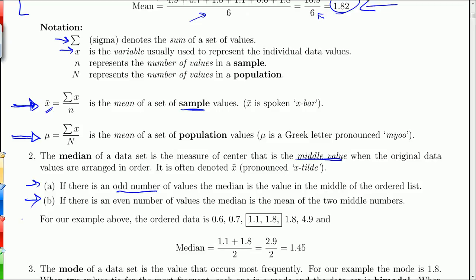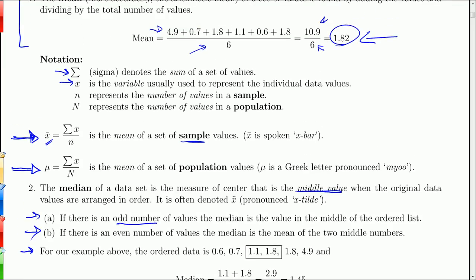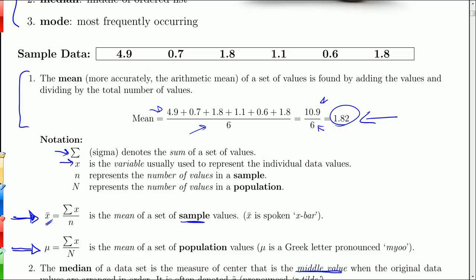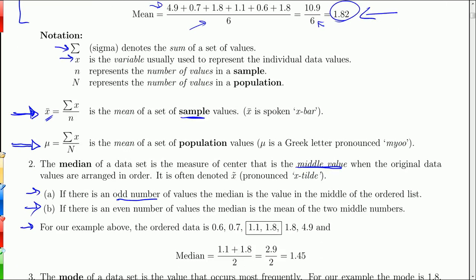So when you look at our numbers from our sample up here, they're not in order, so we have to order these. And when we do order them from lowest to largest, we get this same set, ordered smallest to biggest.